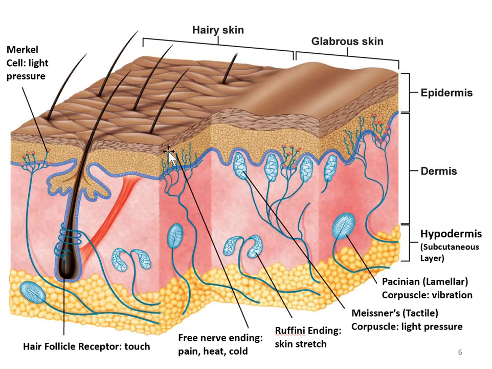This one here looks really similar to the Merkel cells, but they're lacking these orange tips. Those are just free nerve endings. So those are just typical dendrites, you could say, and they're capable of detecting pain, heat, and cold. Over here, there's some dendritic endings that wrap around your hair follicles.